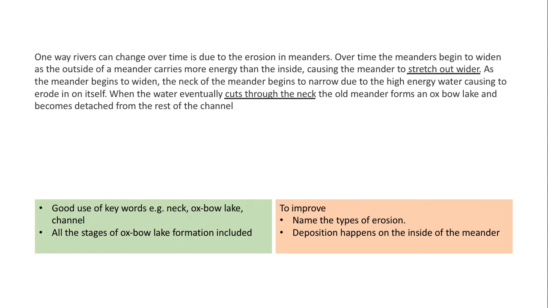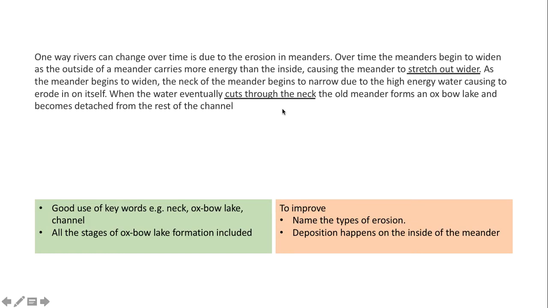We also need to add in that it's erosion and deposition. So over time, meanders begin to widen as the water on the outside of the meander carries more energy, so it erodes the outside of the meander, causing the meander to become more pronounced. Whereas on the inside of the meander, what happens? Well, there's less energy, it's got a lower velocity, so we get deposition.